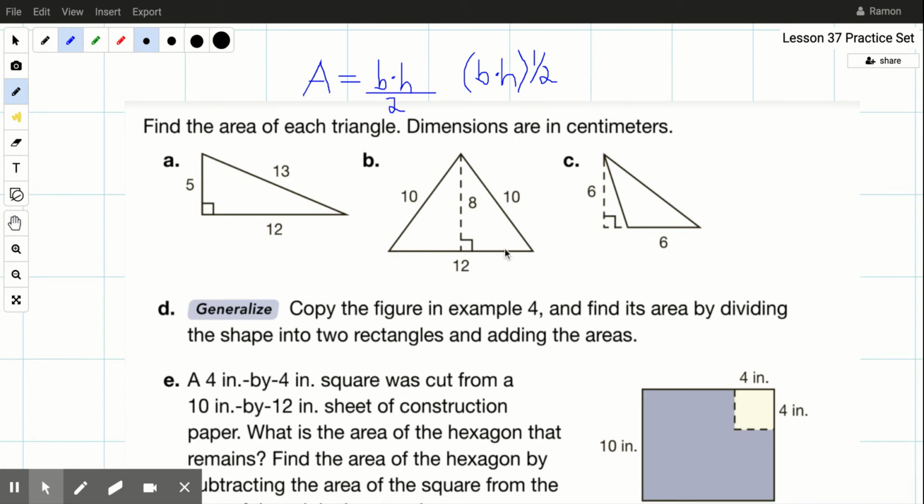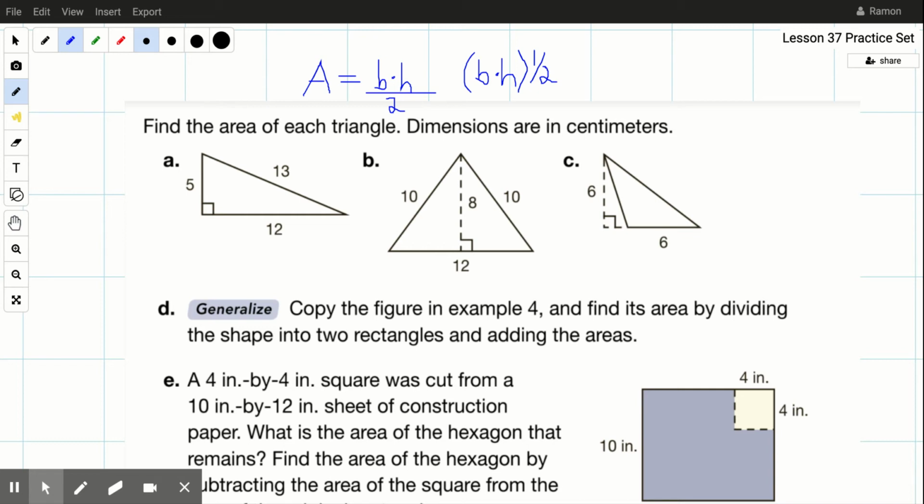For example, here we formed a perpendicular line, and then you could make it a rectangle over here, which would be base times the height. But since you basically cut the base in half, that's where the half comes from.